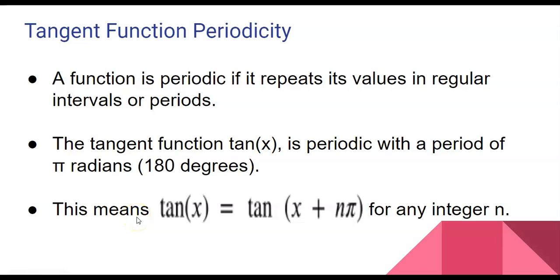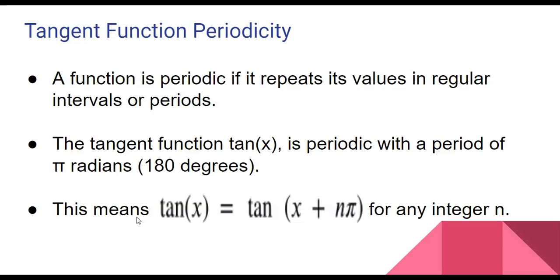So what are our discoveries? Alright, so the tangent values of the angles in the upper semicircle from 0 degrees to 180 degrees are repeated as tangent values of the angles in the lower semicircle from 180 degrees to 360 degrees.